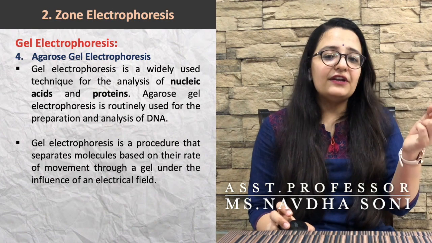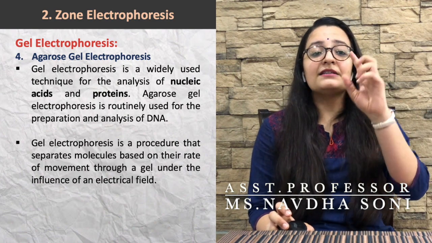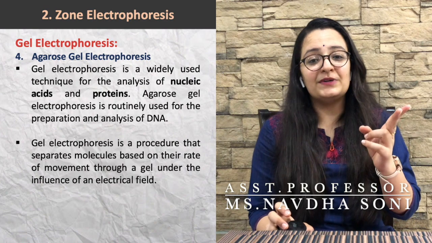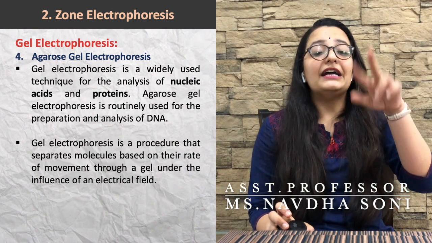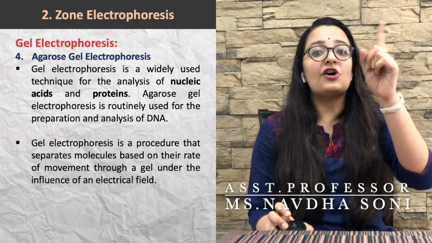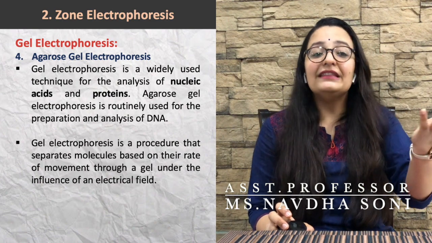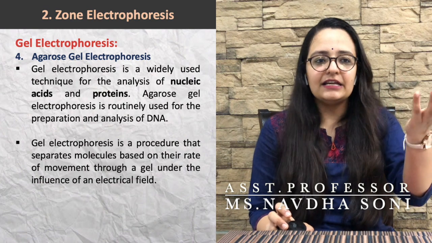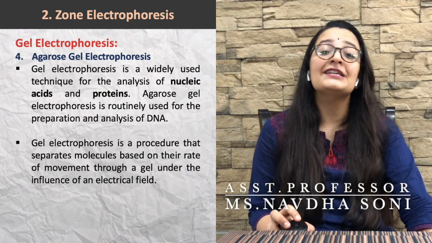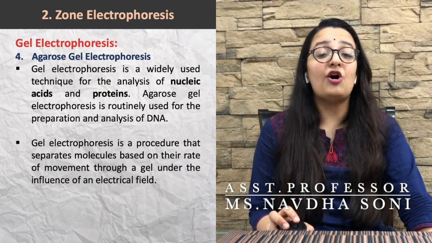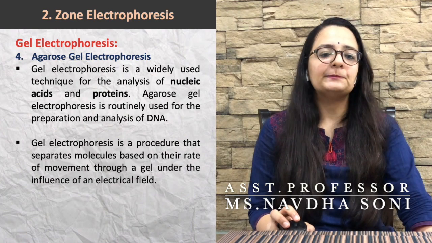In a previous video, I discussed the two principles of separation in electrophoresis, one based on size and the other based on charge. In agarose gel electrophoresis, the components are separated based on their size.